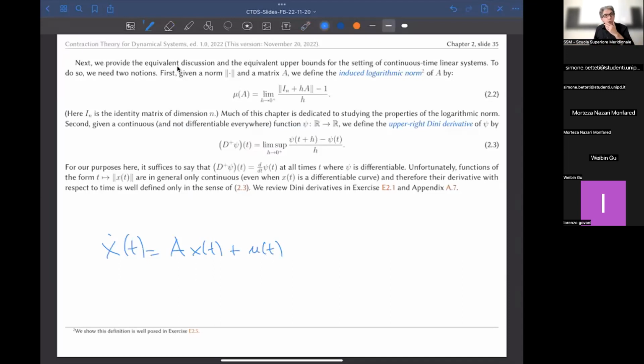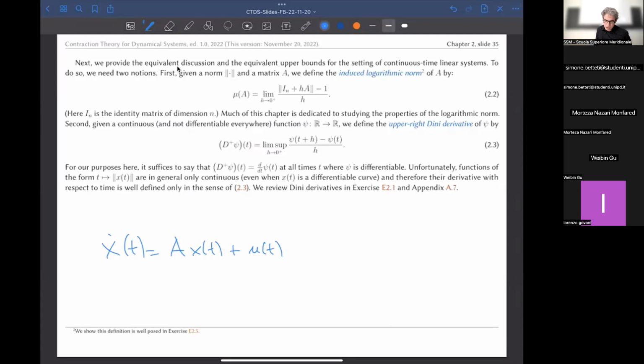And so we need two tools that I've already described for you briefly, so this should not come as a surprise. One is this potentially unusual definition that you may not have seen before, the log norm of a matrix. The full name is the induced logarithmic norm, or induced matrix logarithm. So I'm just going to call it log norm for simplicity.